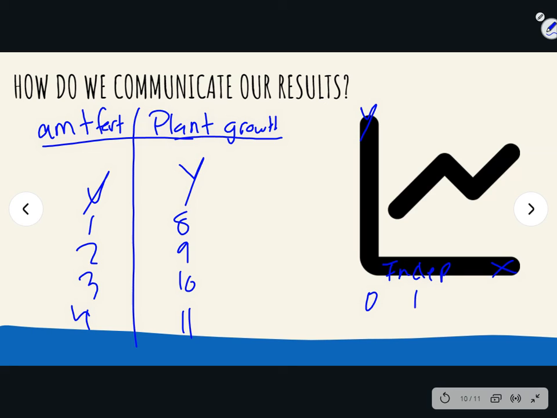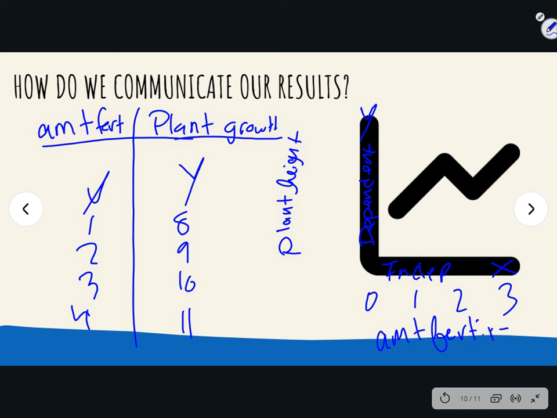We put 1 gram of fertilizer, 2 grams of fertilizer, 3 grams of fertilizer, right? Different amounts of fertilizer to measure plant growth. And this is our dependent variable. So this would be our plant height. And this, we'll say, is our amount of fertilizer. So now we can see visually whether or not the fertilizer had an effect on plant height. Does that make sense?